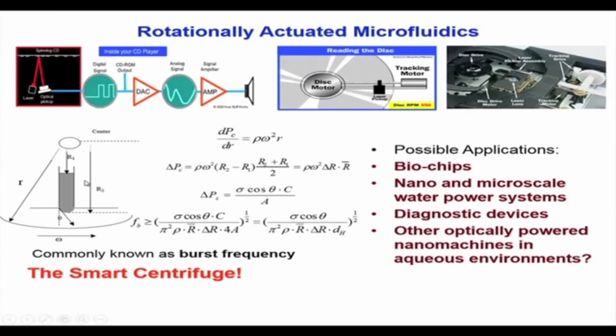When the disc starts spinning, there is a centrifugal force which is acting on it, and that force is radially outwards. There might be other forces which we will bring into the picture, but these are two major forces. One is the surface tension force.